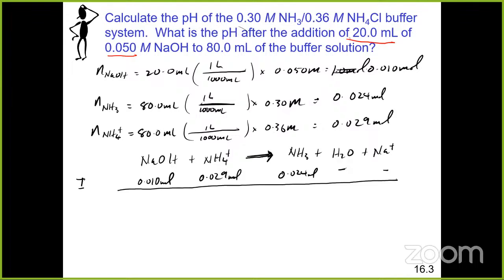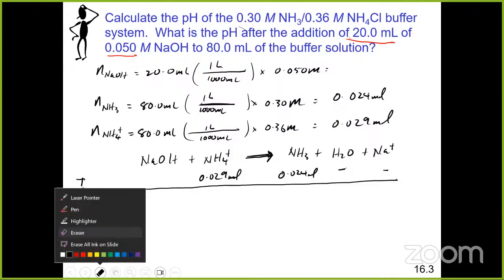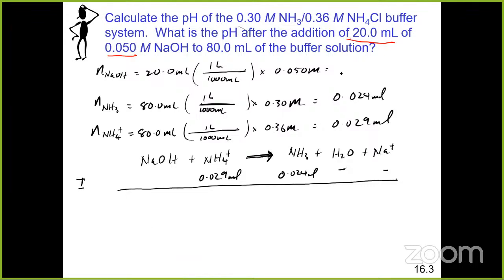Yes, you're absolutely right. So thank you for pointing that out. Let me erase this here, which means I need to erase that here as well. So this should be 0.0010 moles, and the same thing should be 0.0010 moles. Okay, thank you.